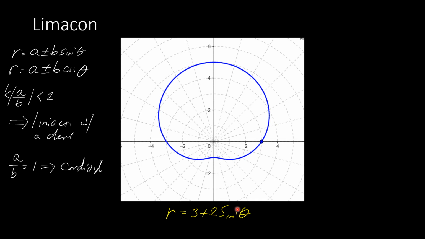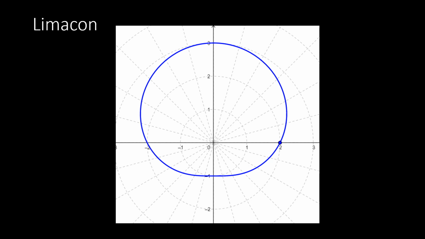Now, how about for 270 degrees or negative 90 degrees? Sine of negative 90 degrees is negative 1, times 2 is negative 2, plus 3 is positive 1. At 0 and 180, the value of sine theta is 0. So your R is equal to 3.